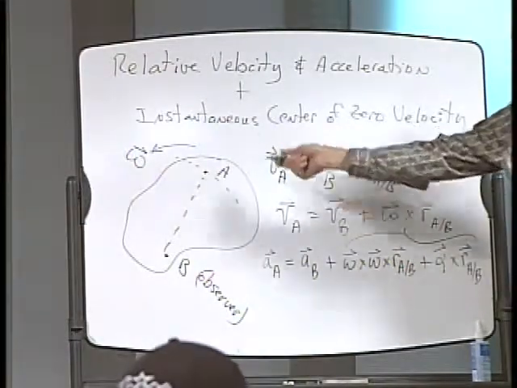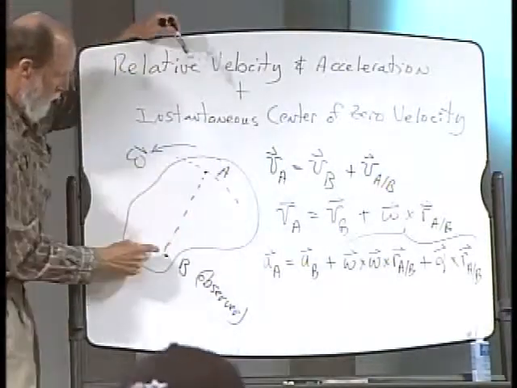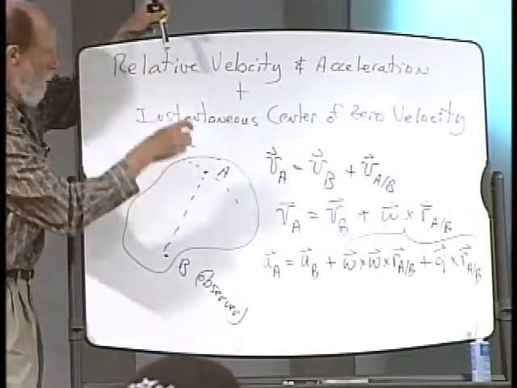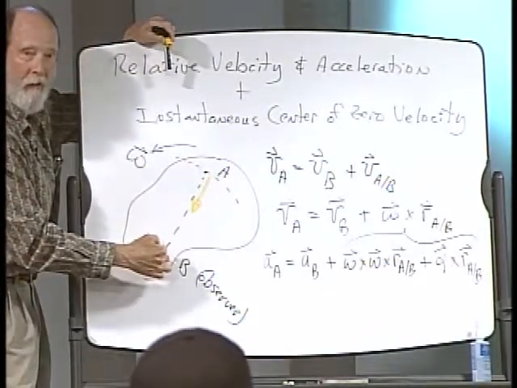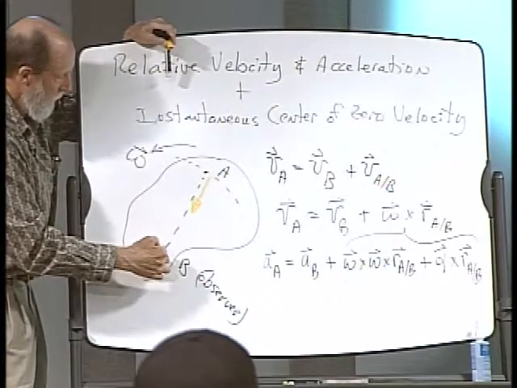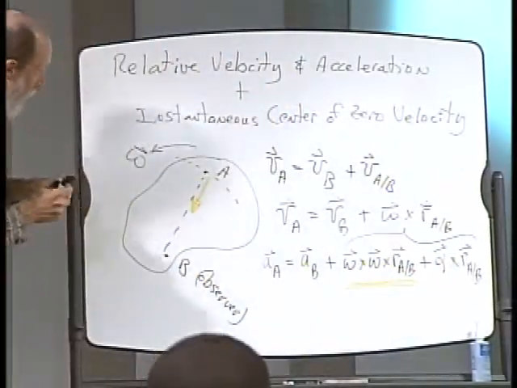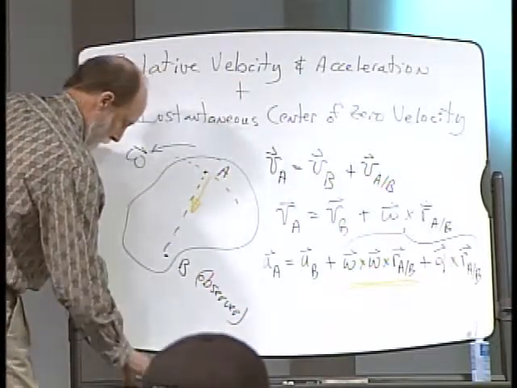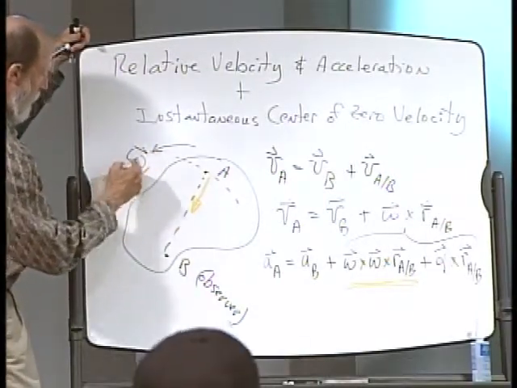So with the orange arc, that's the apparent path of A relative to the observer here at B. So this one pointing back towards B has to be that r omega squared type of term. And the possibility exists for a tangential one if there is some alpha here also.